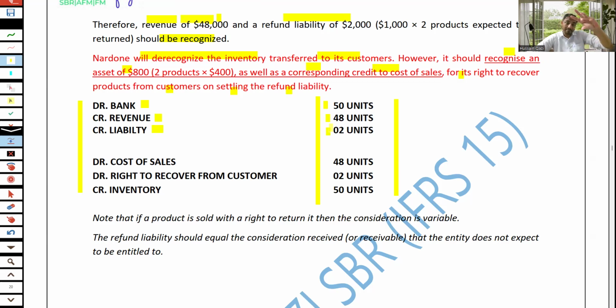But what should be the transaction with respect to cost of sales? Cost of sales for 48 units. Inventory should be credited for 50 units. Why 50 units? Because instead of inventory, another asset will be debited, that is the right to recover from customer, that's 2 units.